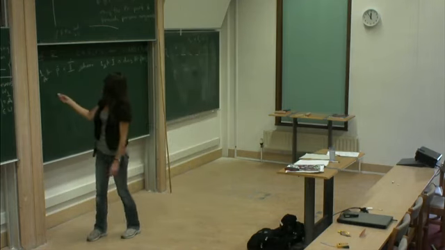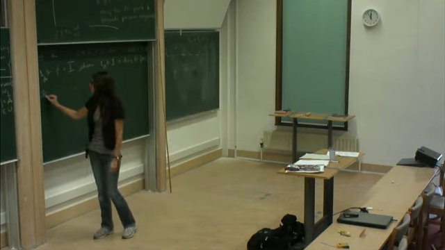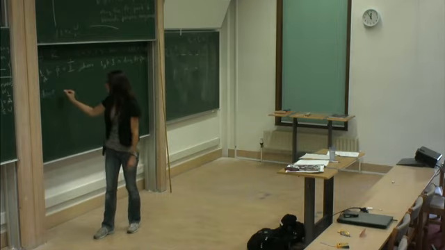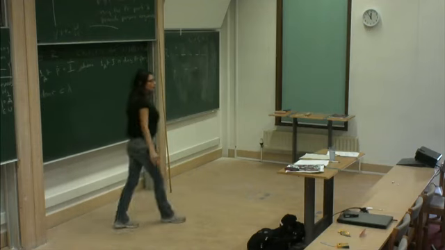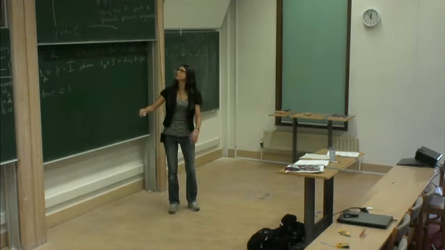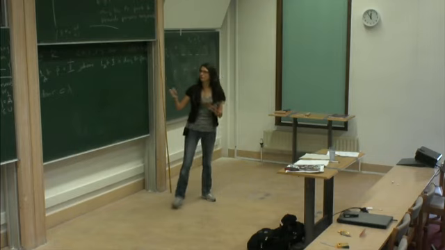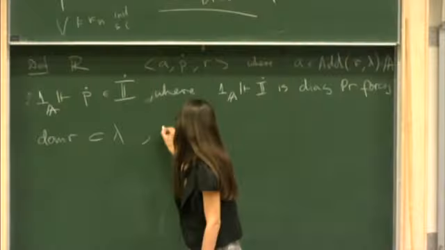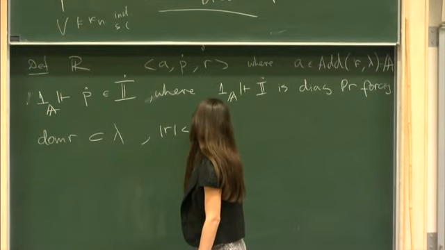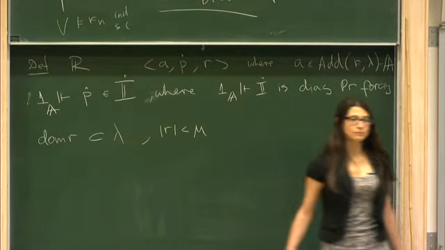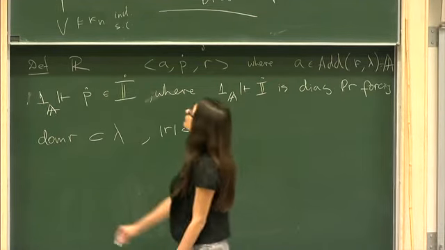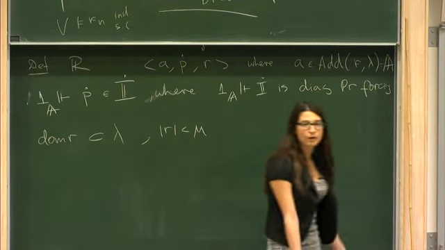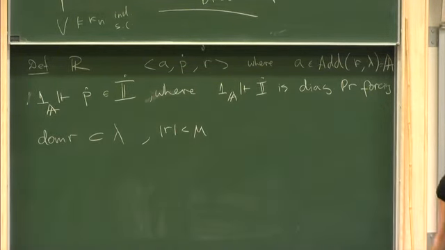All right, then now what about R? Well, the domain of R, just like here, is a subset of lambda. Well, what's the support? Recall, mu plays the part of omega 1. So the support here is less than mu. And every R alpha will be responsible for having partial information about how to collapse alpha to mu.